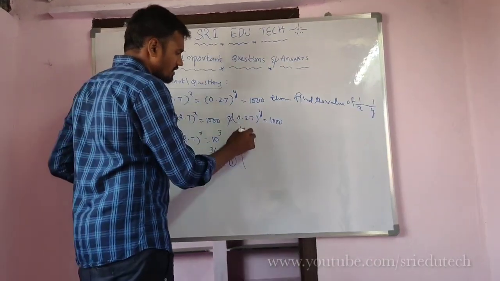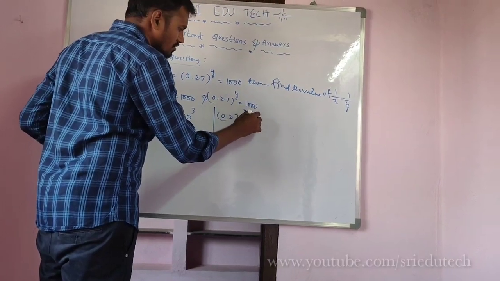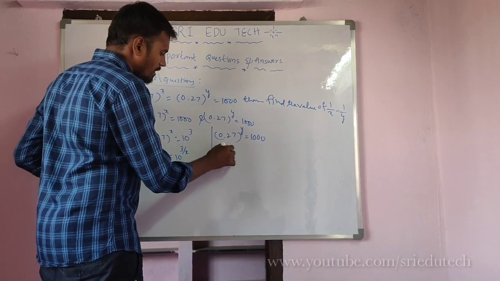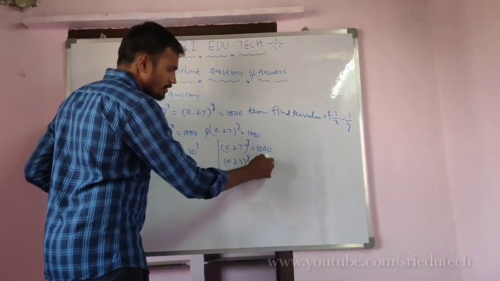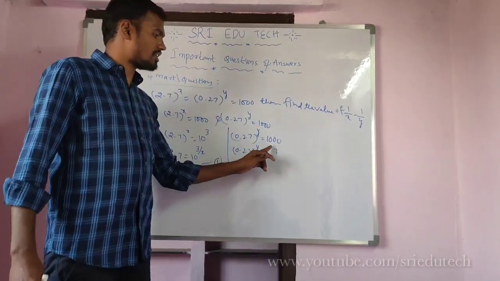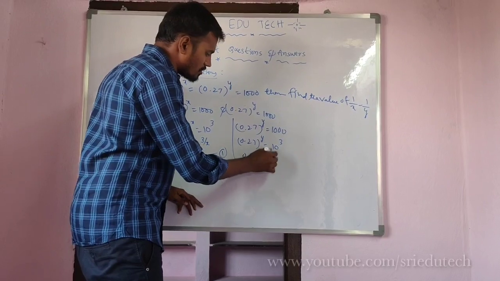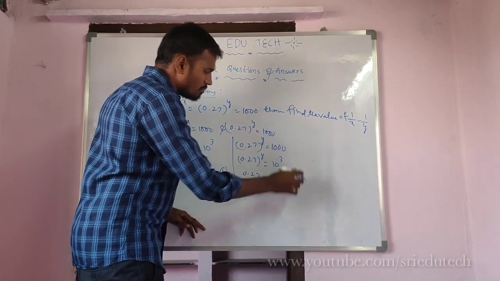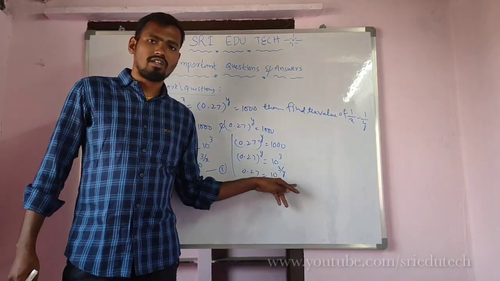Next, for this equation 0.27 whole to the power of y equals to 1000, then 0.27 whole to the power of y is equal to 10 cube. Right, and again 0.27 is equal to 10 to the power of 3 by y.